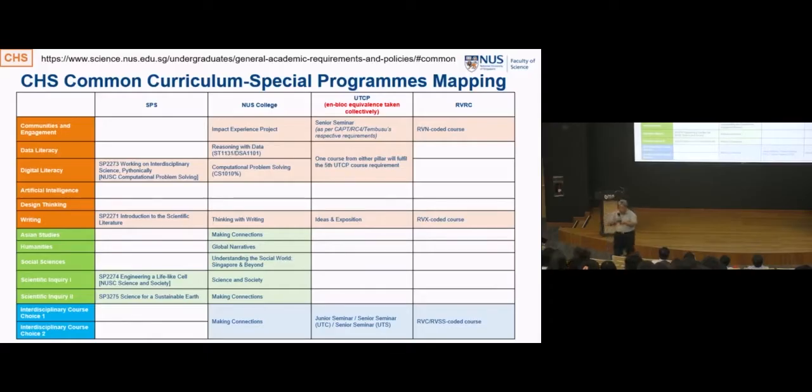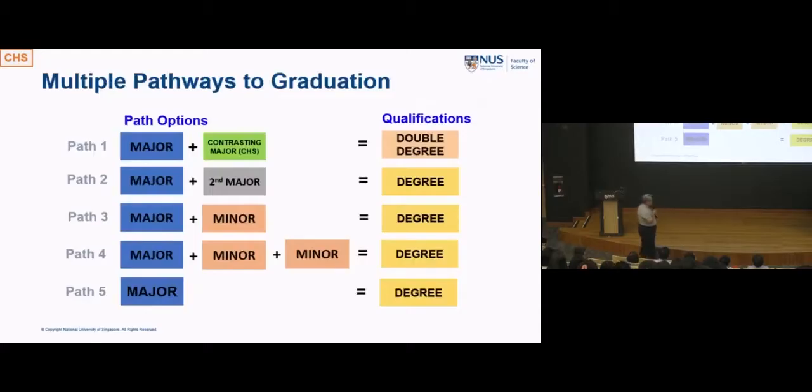So I want you to be aware of all these things so that you have the opportunity to explore and expand your horizons as well. So as Dean mentioned, yeah, the opportunities in NUS are great. You can now consider doing a major in science and maybe a contrasting major even in FASS.